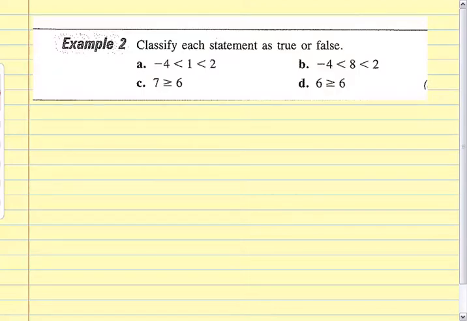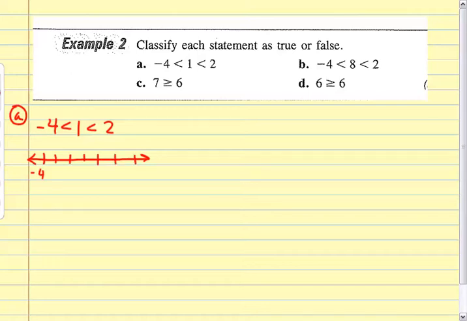Classify each statement as true or false. Well, let's look at A. A says that -4 is less than 1, which is less than 2. Is that true? Well, you can think about it in terms of a graph as well. I know it's easiest for us to look at and say, yeah, that's true. But think about this. I know that -4, -3, -2, -1, 0, 1, 2.